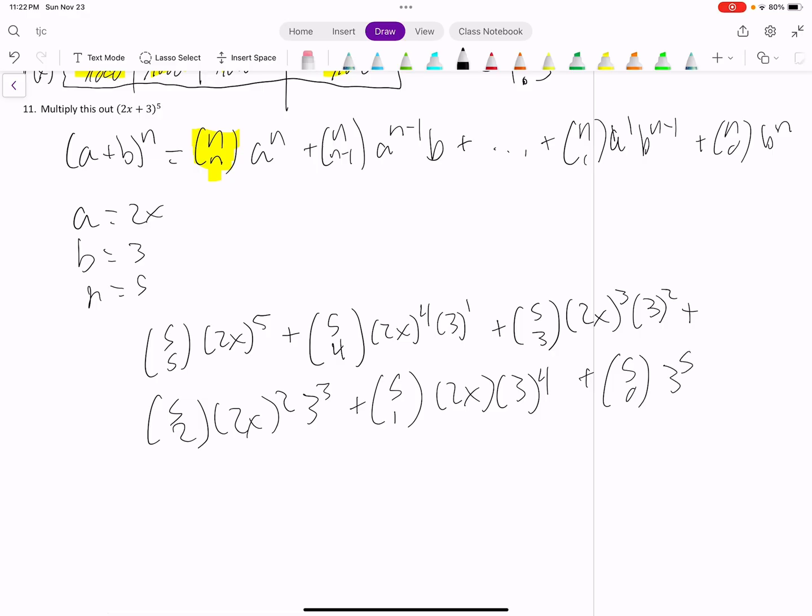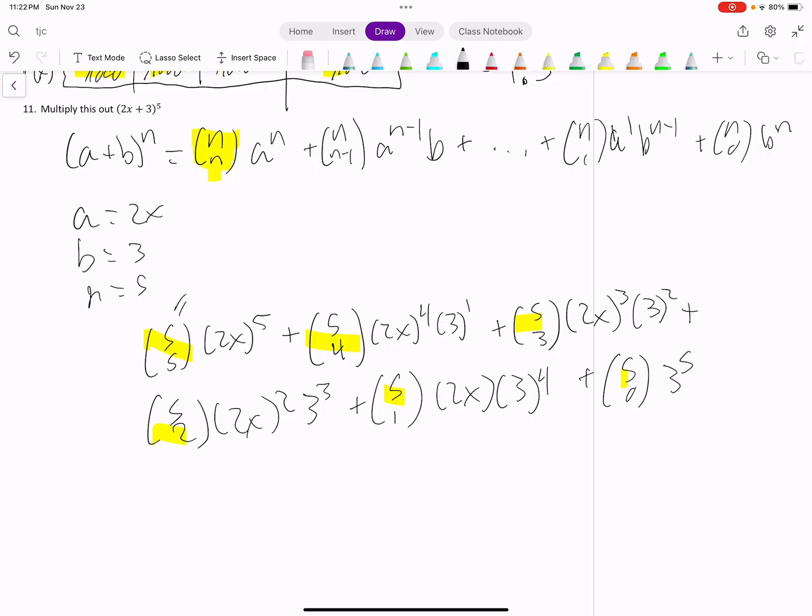Okay, so that's the formula. Now, I need to figure out what all the combinations are. So here's all the combinations. I highlighted all of them, and they are in your calculator.